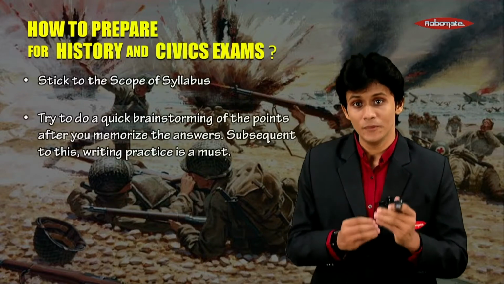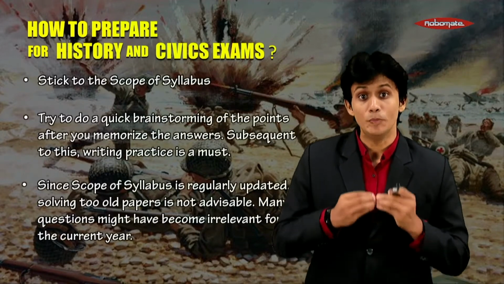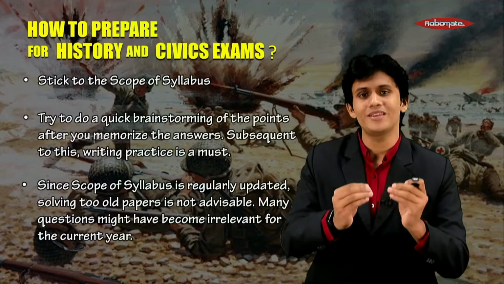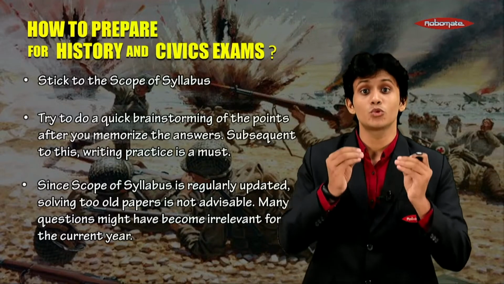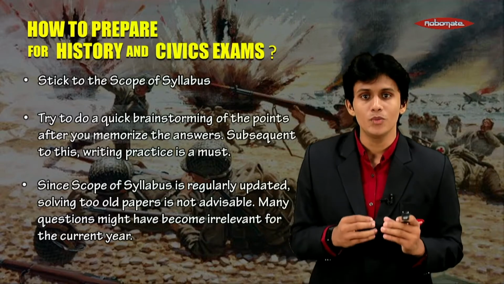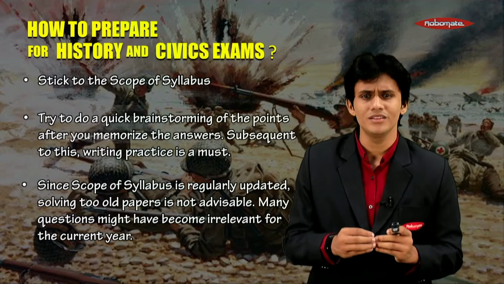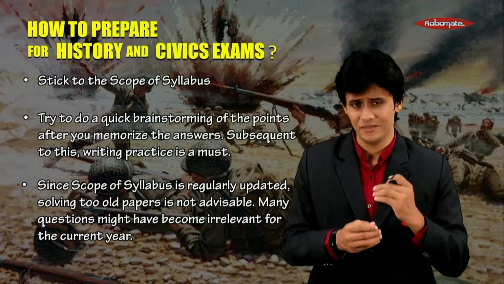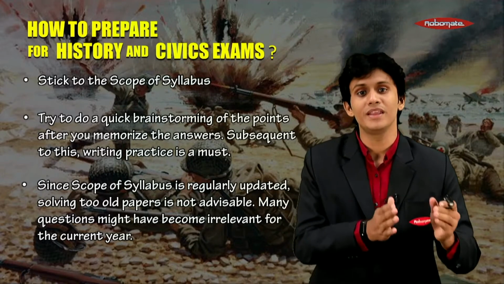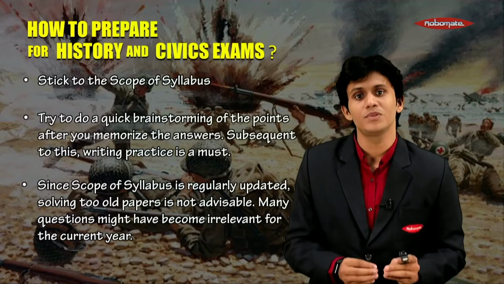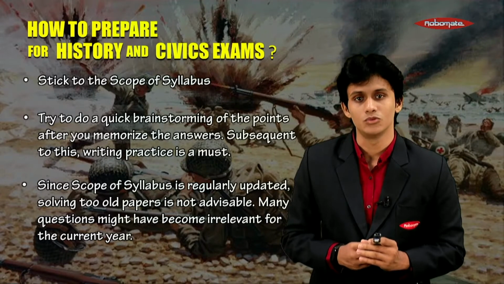Now when it comes to preparation, how are you supposed to prepare for your history civics exam? The very first and the most basic point here is, please stick to the scope of syllabus. You need not try to mug up the entire book. Now, jokes apart, some things you might have already been aware of, that you have been studying since the beginning of the year. So you are already quite well aware of the scope that has been prescribed by the ICSE Council.